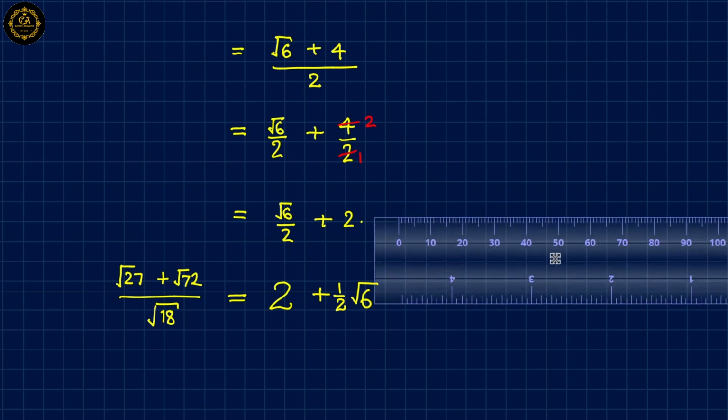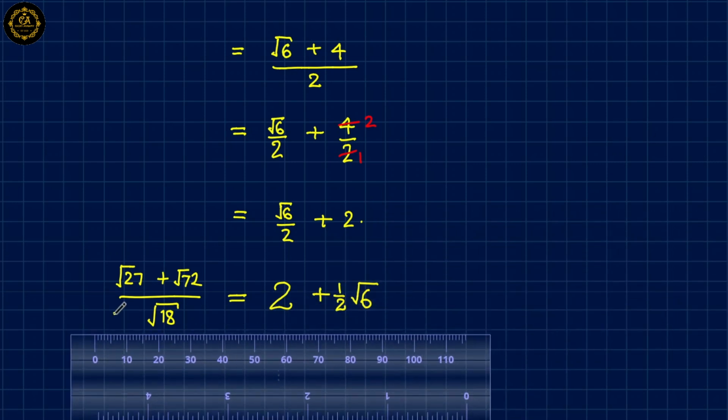And that is the answer for this simple number.